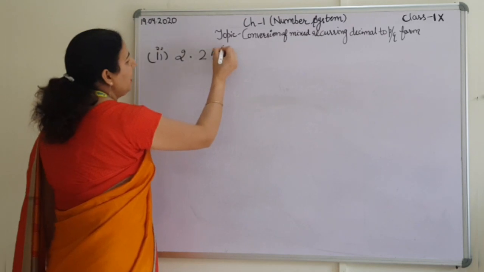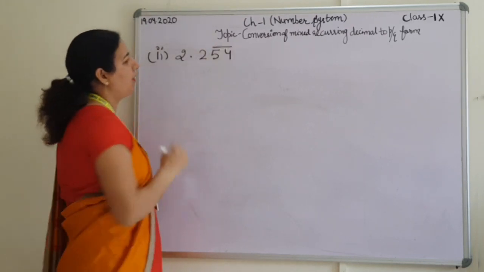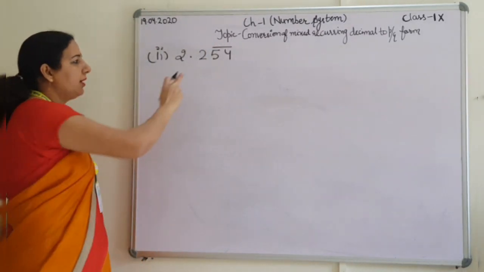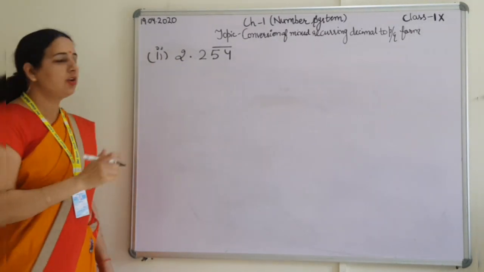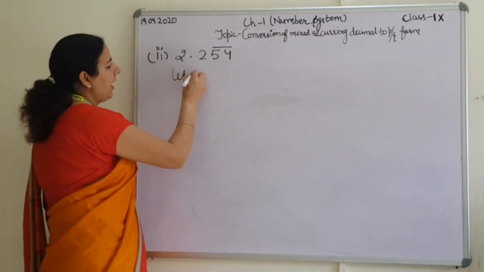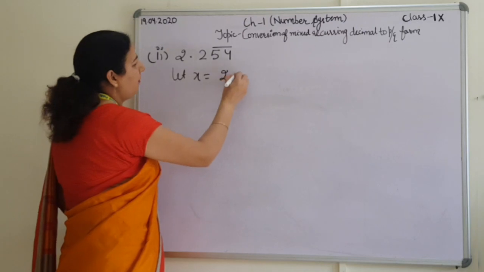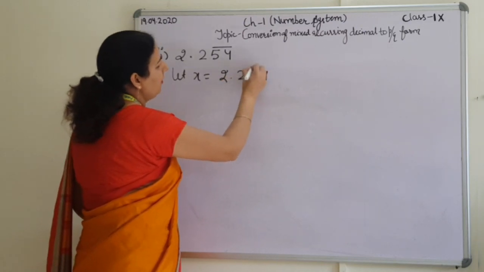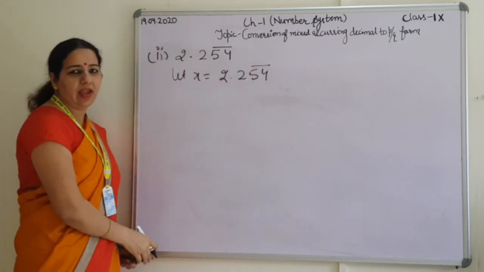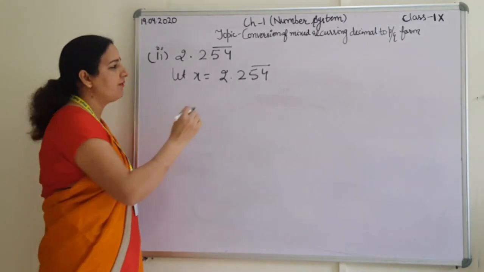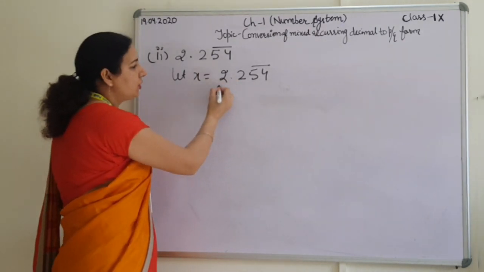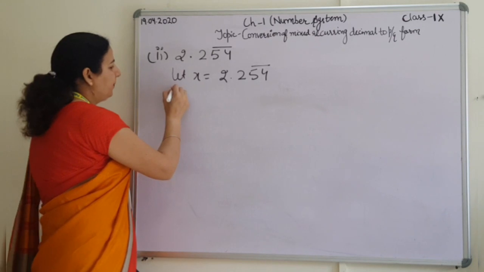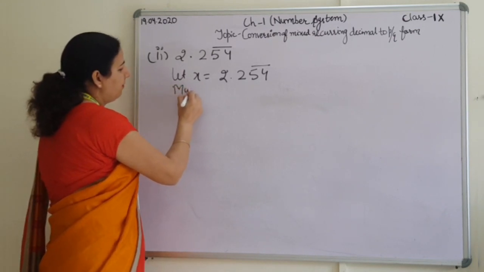2.254, and the bar is on two numbers now. The bar is on two numbers but not on this 2. So let x be equal to 2.254 bar. As 2 does not have the bar, our first step will be to shift this to this side by multiplying.